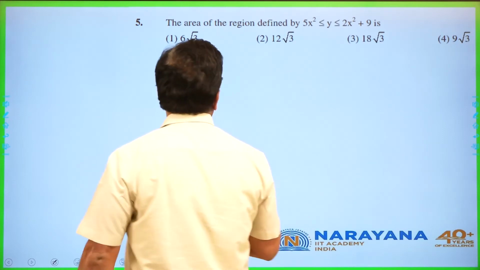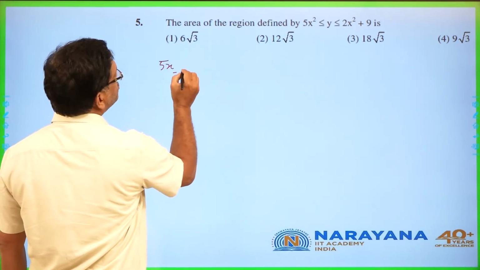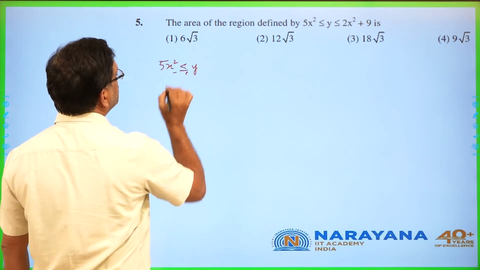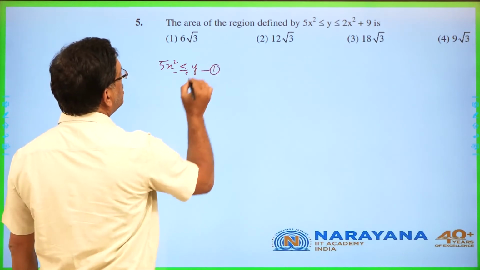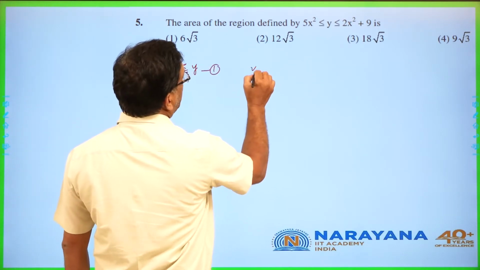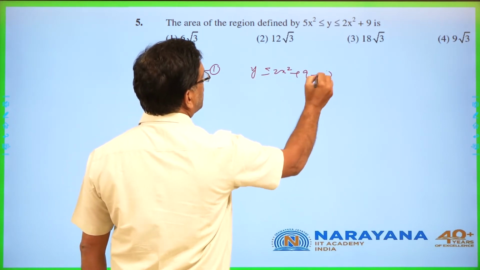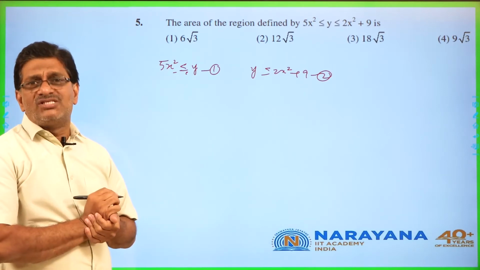So 5x square less than or equal to y, one curve, and another one y less than or equal to 2x square plus 9, right? So here the leading term is x square.